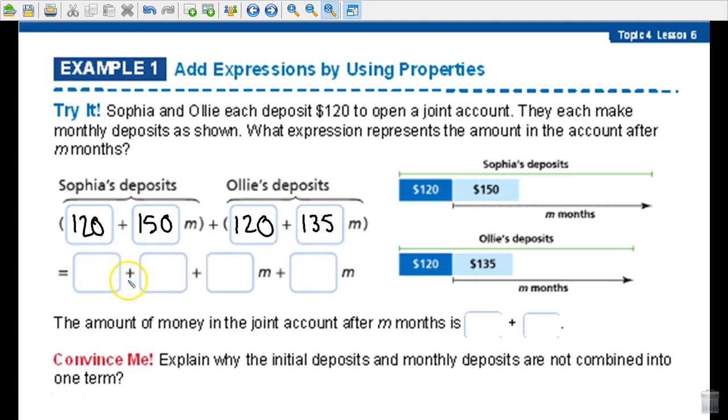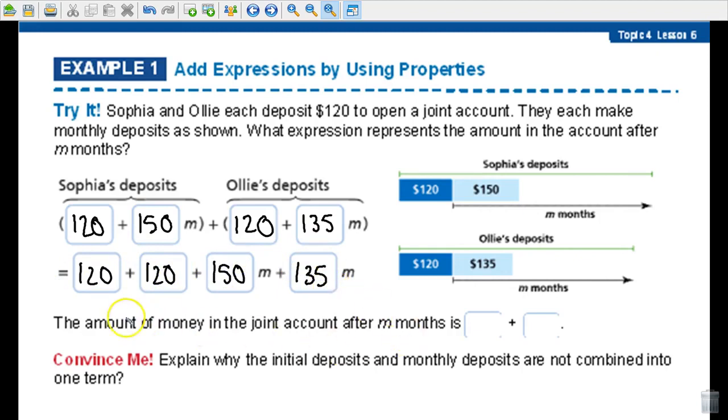Now we've got just the regular numbers, the initial deposits, in these two boxes because we're linking up our like terms. So that's 120 plus 120, and then we can just put in 150M and 135M.